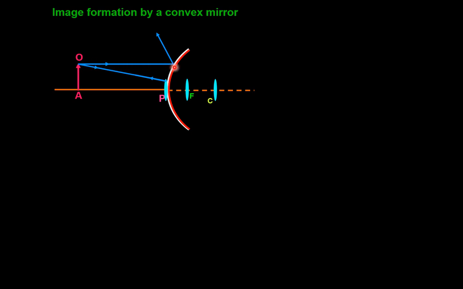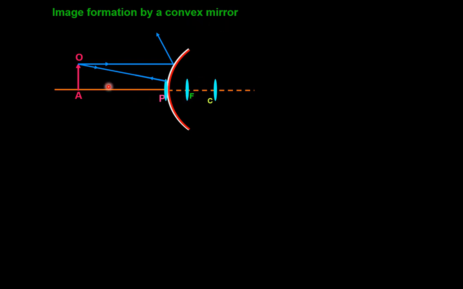Since light cannot actually go behind the mirror, we cannot draw a dark line here. Here we can draw a dotted line, because it appears as if the light ray has come from the principal focus F of this given convex mirror.